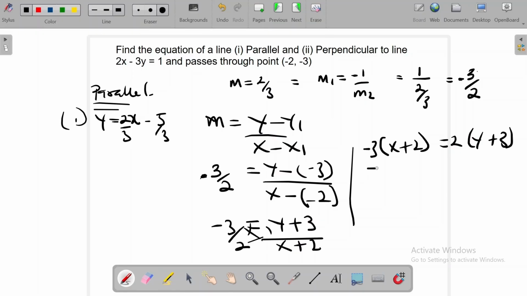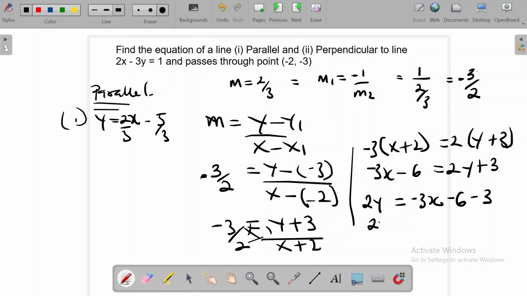This becomes negative 3x minus 6 equals 2y plus 3. 2y is equal to negative 3x minus 6 minus 3. It becomes 2y is equal to negative 3x minus 9, over 2 over 2 over 2.